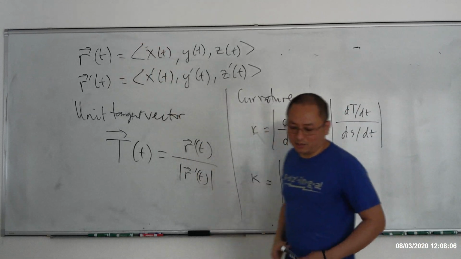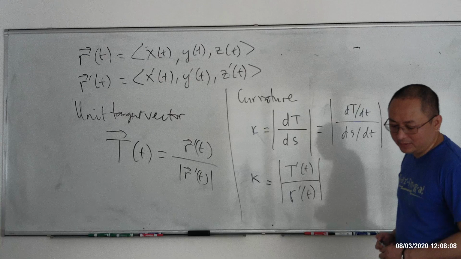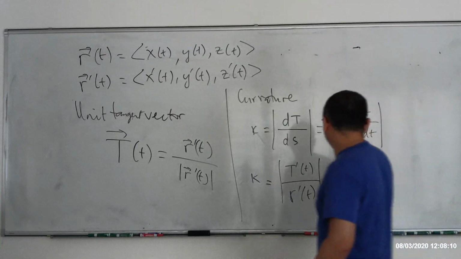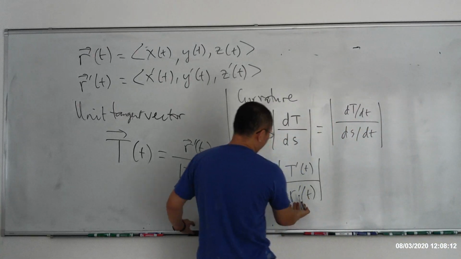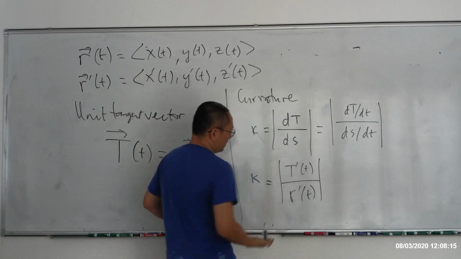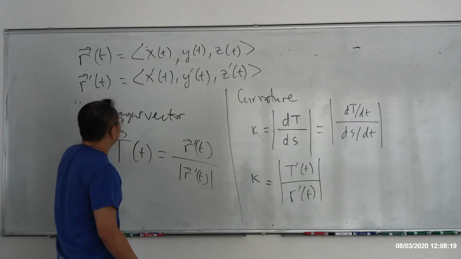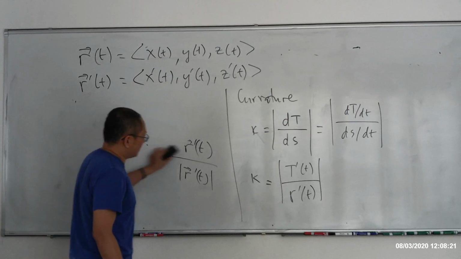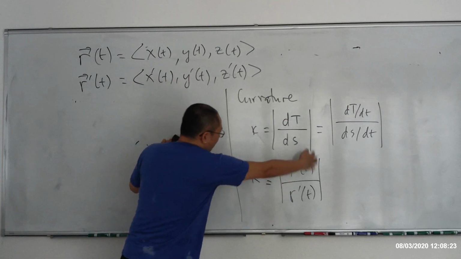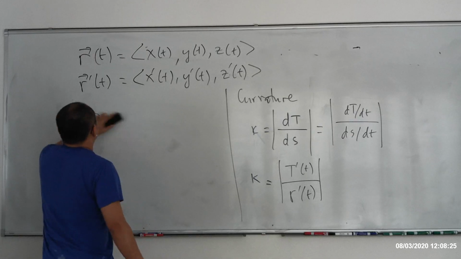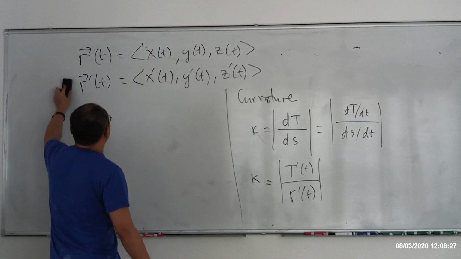Same thing. And that is a formula that a lot of people use. The derivative of the unit tangent vector over the derivative of the vector function. And don't forget the absolute value, okay? It's going to be a positive number.